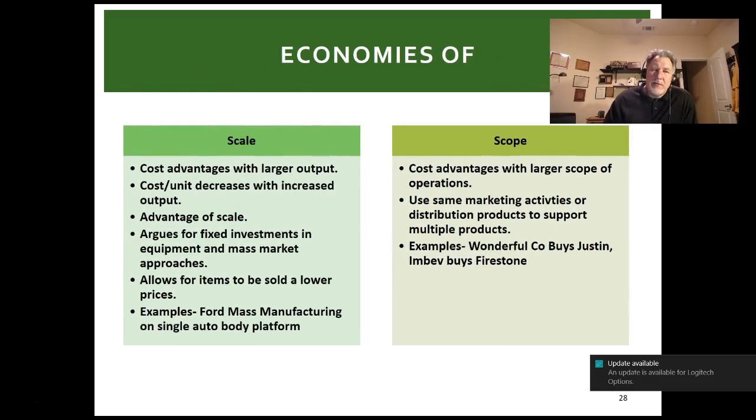And then you have what we call economies of scale and scope. Scale being we're taking care of cost advantage with larger output, so cost per unit decreases with increased output. That's the advantage of scale. And it argues for those fixed investments in equipment and mass market approaches, or having a good IT infrastructure.